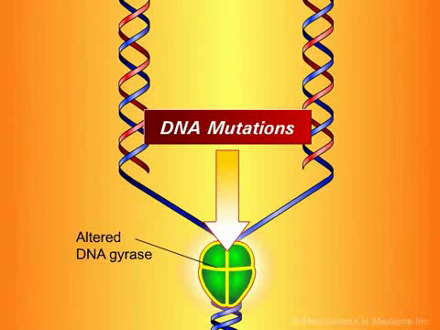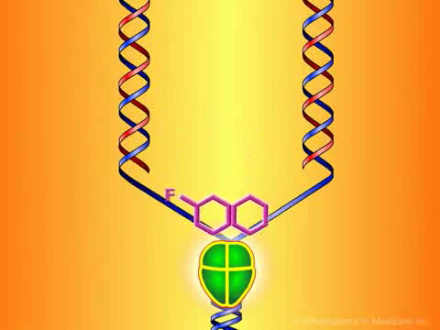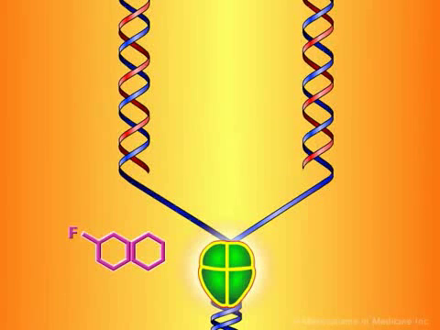The effect of mutations on the activity of an individual fluoroquinolone will vary depending on the number of mutations, the location of the mutations, and which target enzyme is affected. If a mutation occurs, either in the GYRA or GYRB gene, that alters DNA gyrase and results in a reduced affinity of the fluoroquinolone antibiotic for this enzyme, the organism will become resistant.